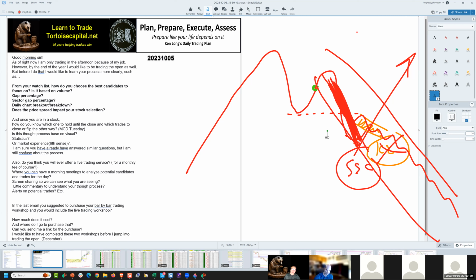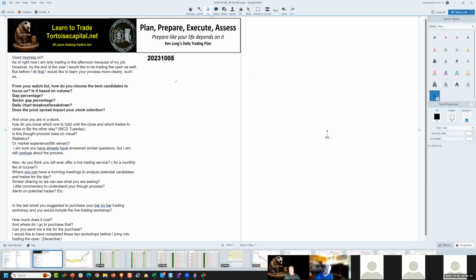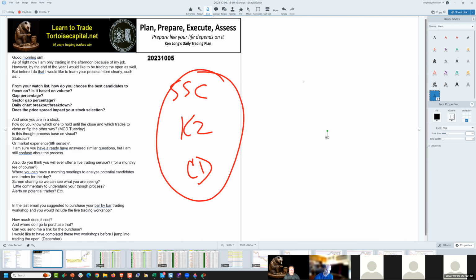So, in a nutshell, I just gave you the rule set for SSC, Kata 2, and Collapsing Dragon. Those are the only 3 patterns that I insist that you learn first in the foundations, because you have essentially this.